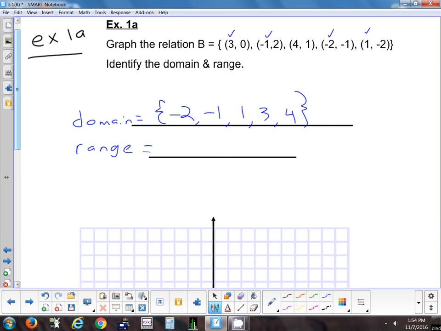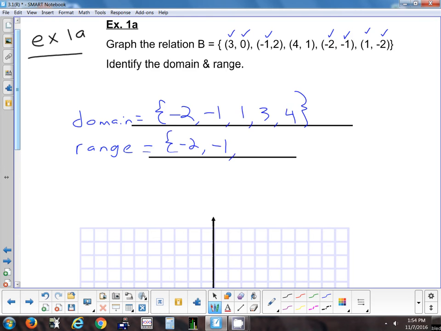Questions on that? All right, how about my range? Looks like -2 is the lowest. How about the next lowest? Yep, I see a -1. What comes next?